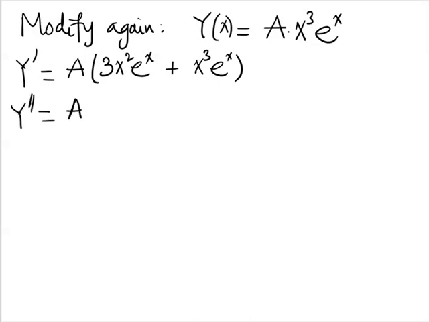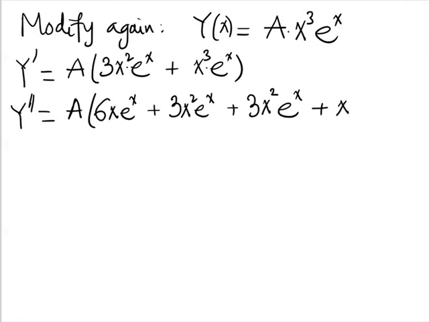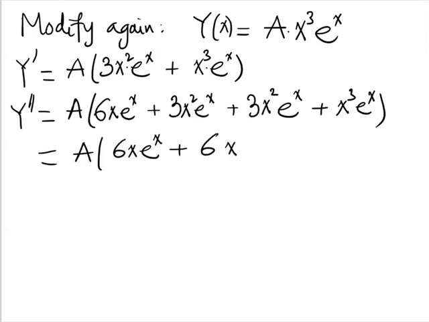Second derivative, product rule, we have 6x e to the x plus 3x squared e to the x. And then product rule for the second term, we have 3x squared e to the x plus x cubed e to the x. Collect like terms. We have 6x e to the x plus 6x squared e to the x plus x cubed e to the x. Derivative one more time.